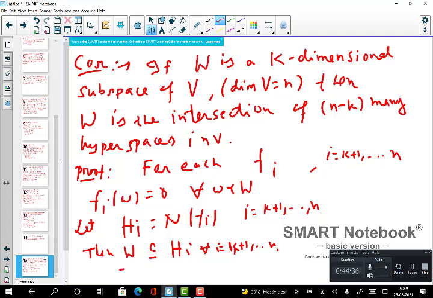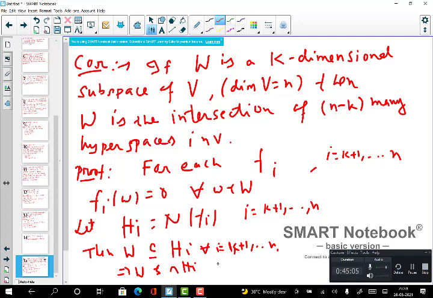So from that you can say that W is a subset of the intersection of each H_i, because it is inside each H_i. And the converse is also true, because if it is in the intersection of these, then it belongs to the null space of each f_i for all i, and hence other than w_i, everything vanishes, right? So it's actually the null space of w_i. So both sides are the same.